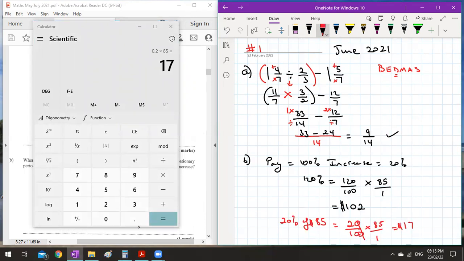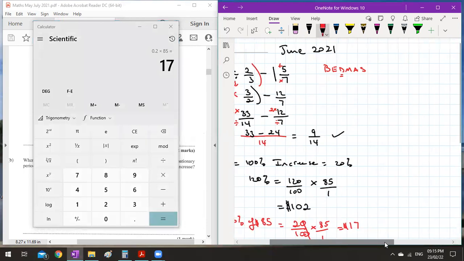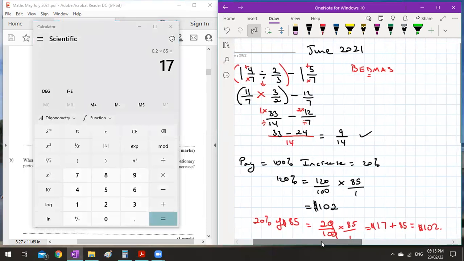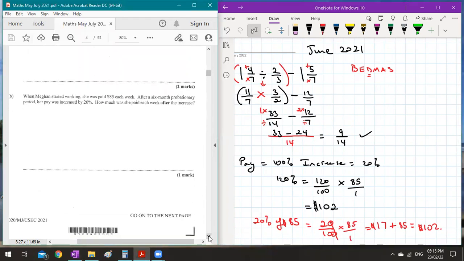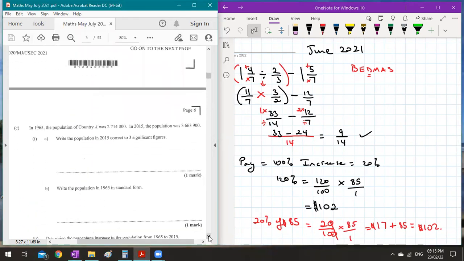And we could say that we're going to add that back to the $85. So yeah, that's 102. So the 2 ways to do it depend on how you want to do it. If you want to find 20% first and then add it back to the initial amount, or you want to work it out like this, which is 120%.